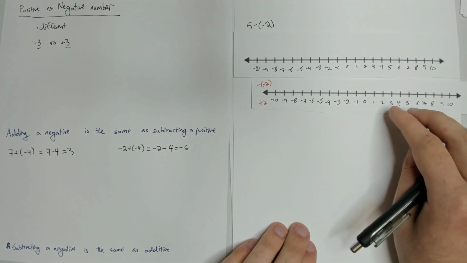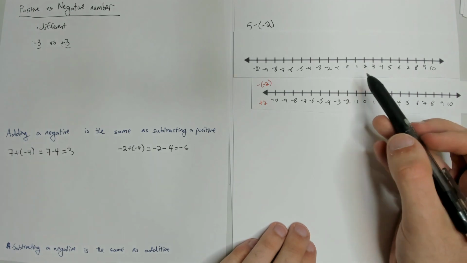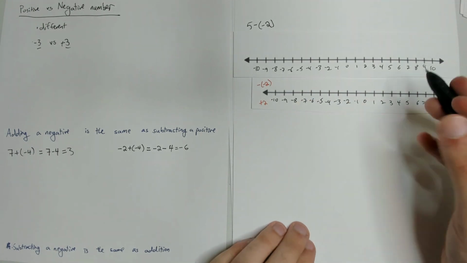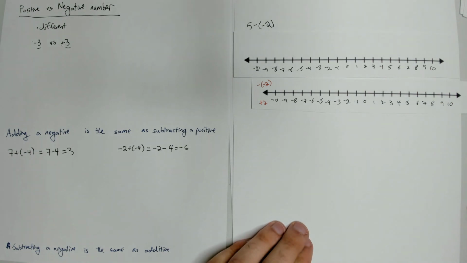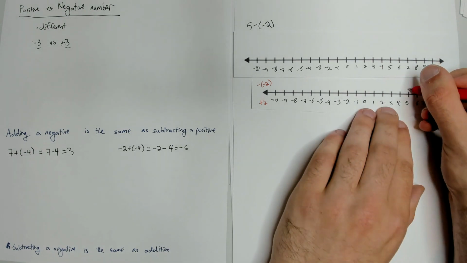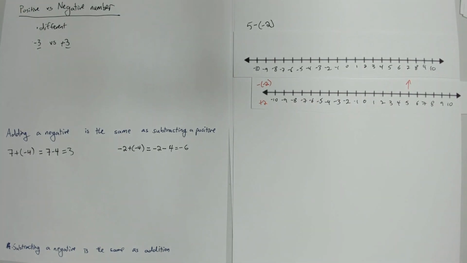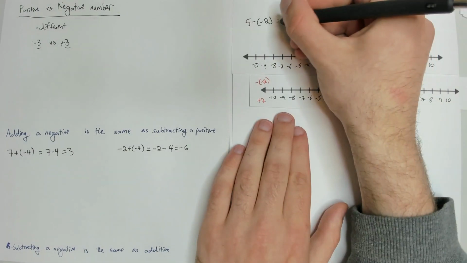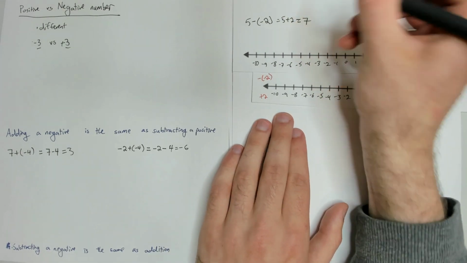Because we're going in the opposite direction as what subtraction does because we're subtracting a negative. Normally subtraction goes to the left, now we're going to the right. And so that means we've moved 2, same as adding 2. And where does 5 line up with? 5 lines up with 7, which is what 5 plus 2 is. So we get that 5 minus negative 2 is the same as 5 plus 2, which is the same as 7.